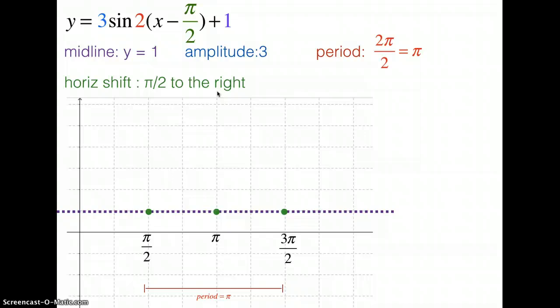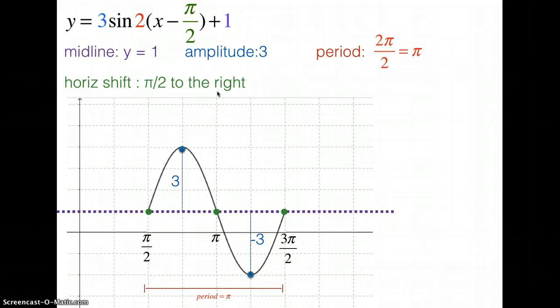Your sine function is going to cross through the midline one more time at pi. We need 1 point at the amplitude above the midline and 1 point at the amplitude below the midline. The last thing to do is connect your points to create the sine curve.